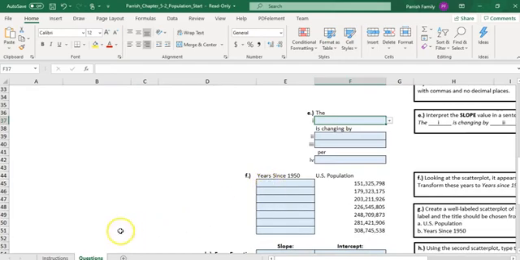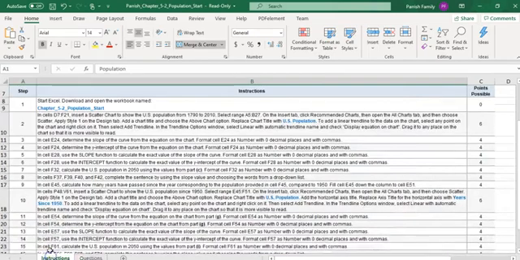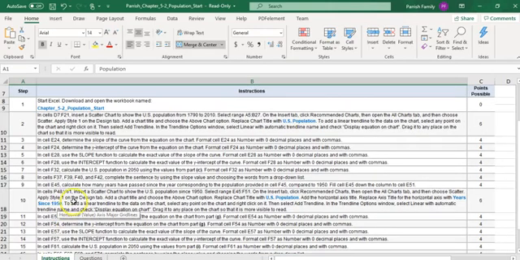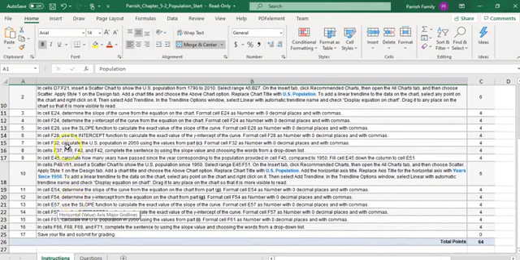So part F, what they want you to do, in cell E45, is calculate how many years have passed since the year corresponding to the population provided in F45 compared to 1950, and then fill that down.